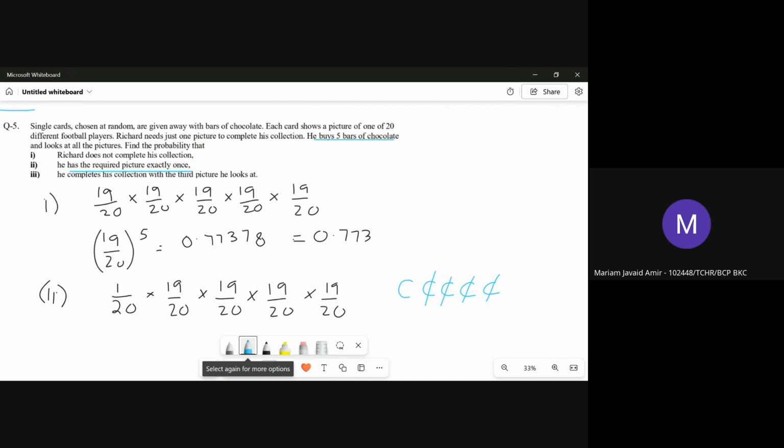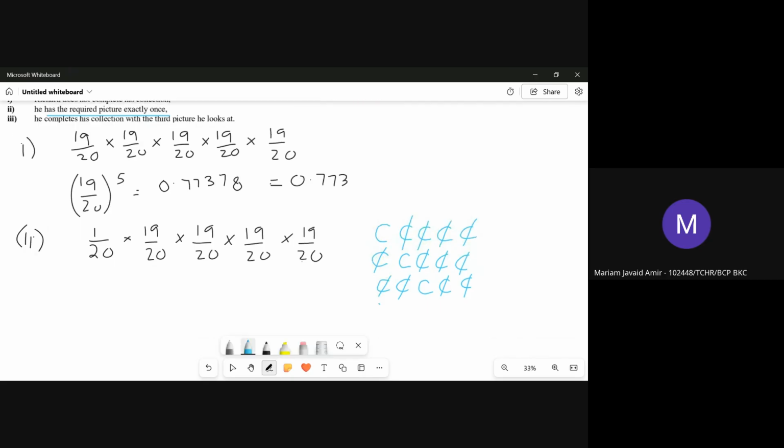So ये भी तो case हो सकता है कि he does not get the card the first time but gets it the second time in the second bar and then does not get it in the other 3 bars. या ये भी हो सकता है कि he does not get it in the first chocolate bar, does not get it in the second chocolate bar, gets it in the third bar, then doesn't get it in the other two. And similarly, this C will keep traveling, until he doesn't get it in the first four and then gets it in the last.